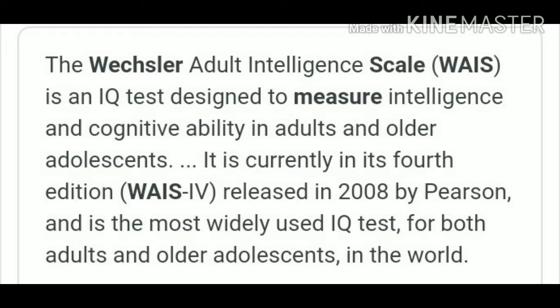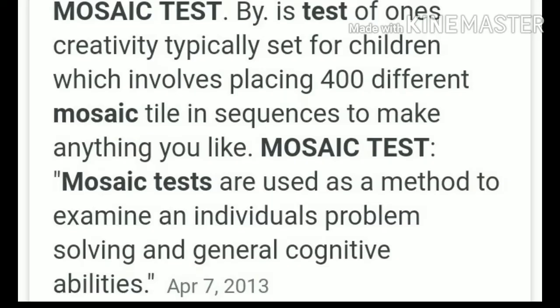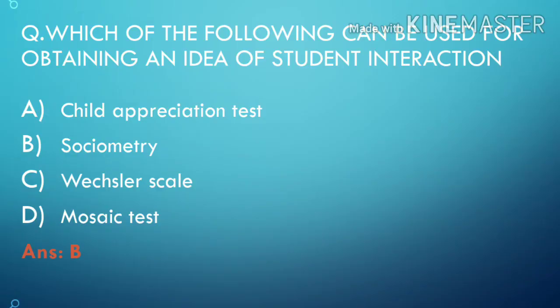The Wechsler Adult Intelligence Scale is an IQ test designed to measure intelligence and cognitive ability in adults and older adolescents. Next is the mosaic test, a test of creativity which includes 400 tiles in sequence to make anything you like. Individual problem solving and general cognitive abilities are tested using the mosaic test.